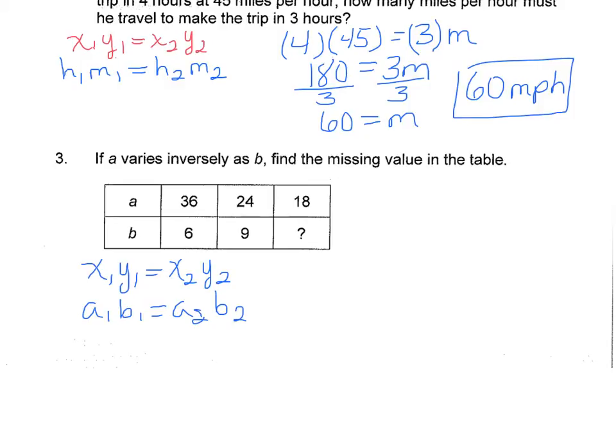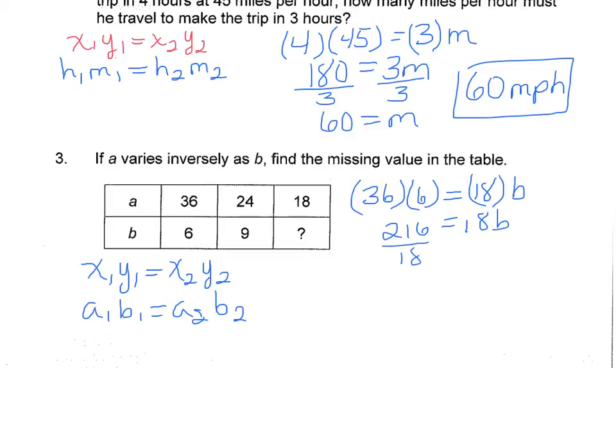So we can say 36 is the first A we see, times 6, because that's the first B we see, equals 18, which will be the second A we see, times the question mark, which will be our second B. So 36 times 6 is 216, equals 18B. Divide each side by 18. B comes out to be 12. So our missing value is 12.